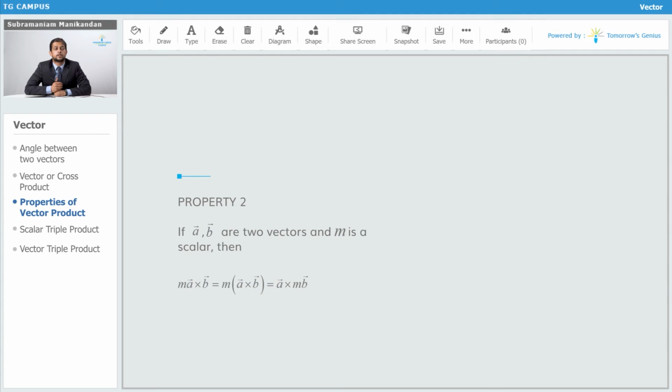All of them would give the same result, the exact same vector. So it reads as m a bar cross b bar equals m times a bar cross b bar equals a bar cross m times b bar.